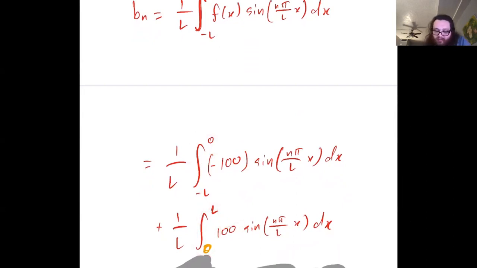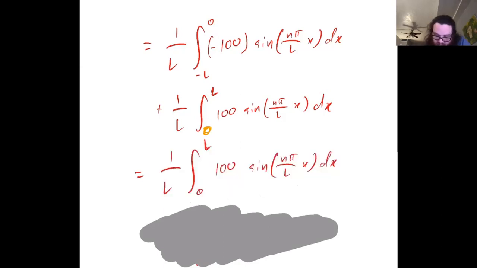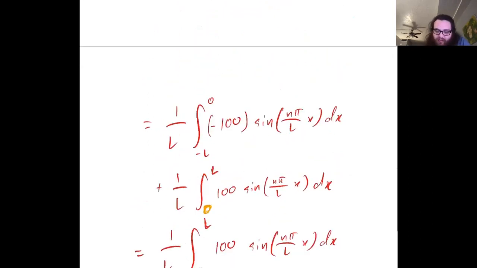But then what we can say is, we're integrating from negative L to 0, and in the end this integral is going to be exactly the integral from 0 to L. One way we can see that is if we make the substitution x to minus x. Negative L goes to L, 0 goes to 0.